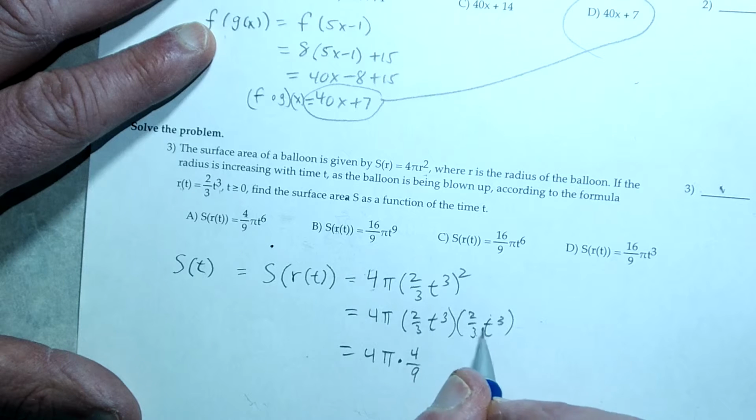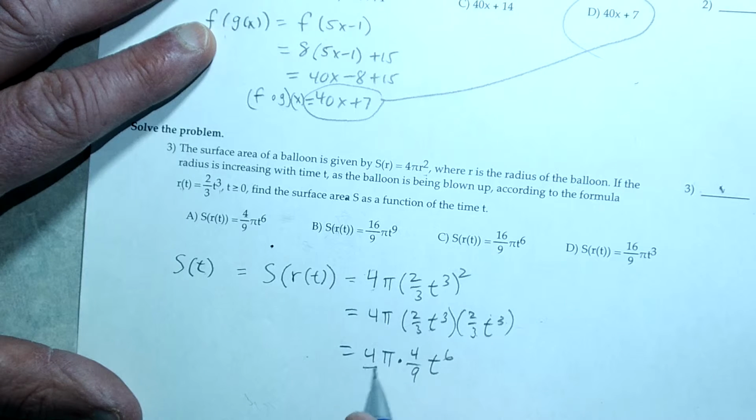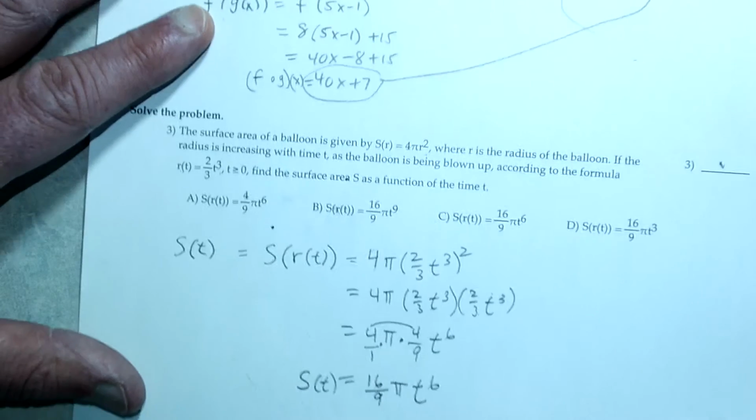And t to the third times t to the third, you add powers when you multiply bases, will be t to the 6th power. And so now I can multiply here. These are all factors, but I can multiply here, and I will have 16/9 pi t to the 6th power is my S of t function right here.